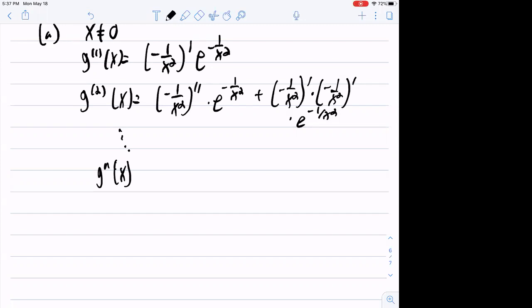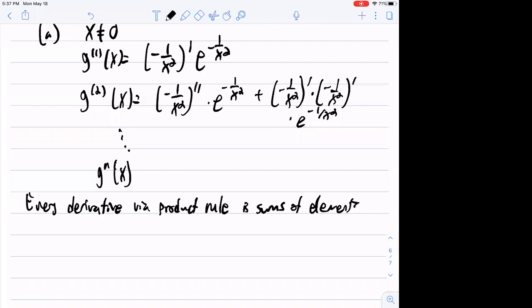But you see here, if you look at how product rule works, every derivative, via product rule, and with some chain rule, is a sum of elements of the form, because the derivative of this and this and this is just a higher power of x in the denominator, right?